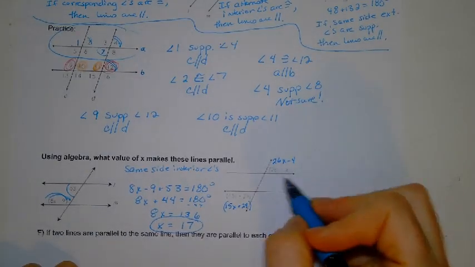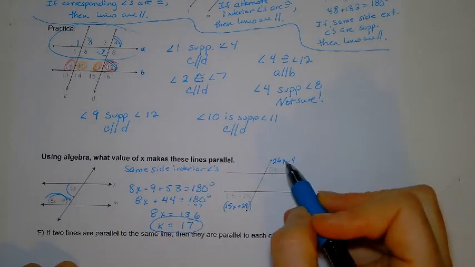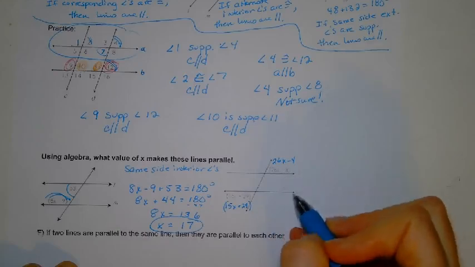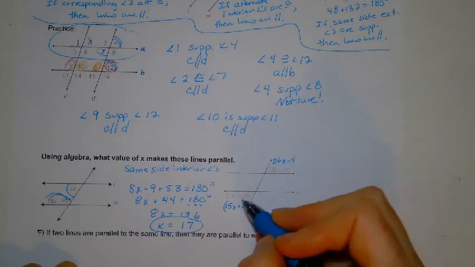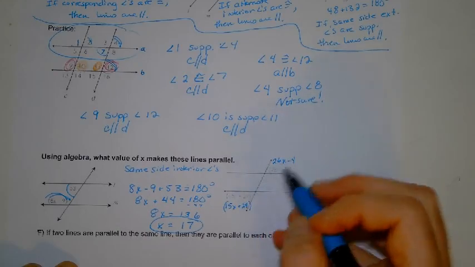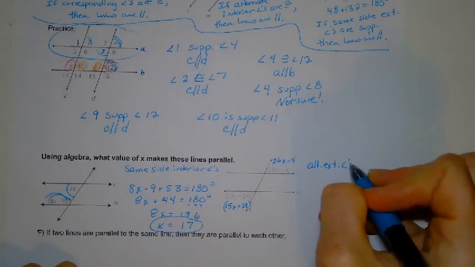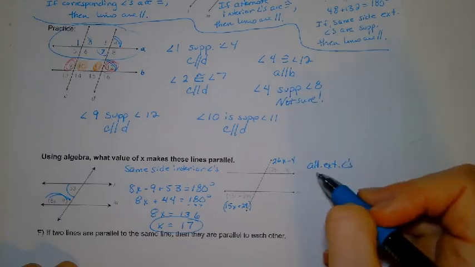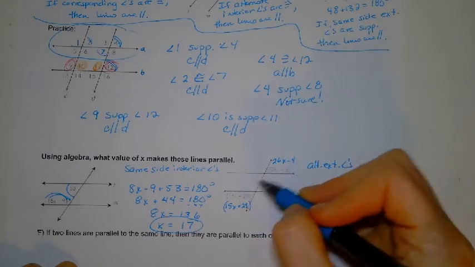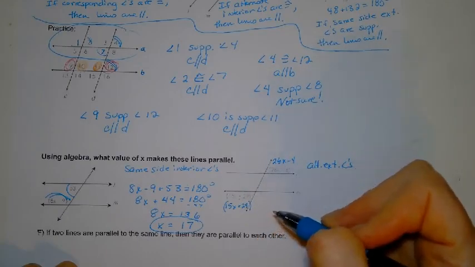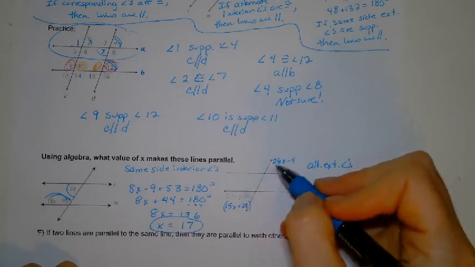Well, these two angles here are alternate exterior, right? They're alternate exterior angles. So if lines are parallel, alternate exterior angles are congruent. Well, the converse says if these are congruent, then these lines will be parallel. So we need to make these angles congruent.